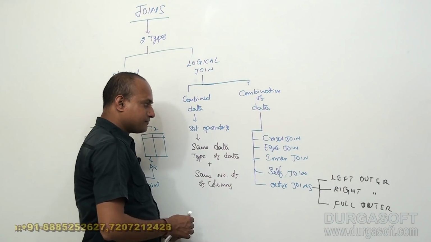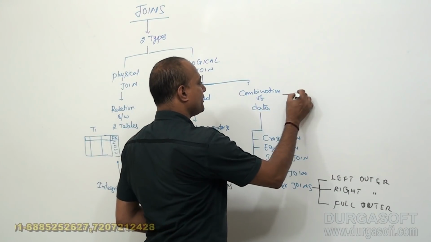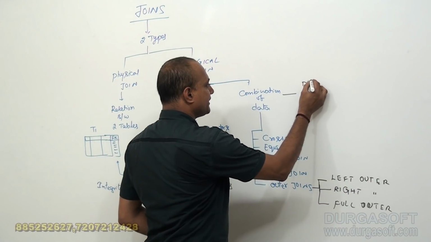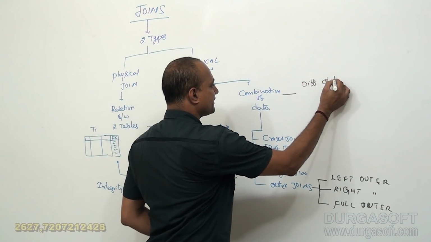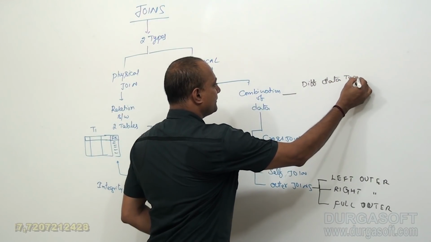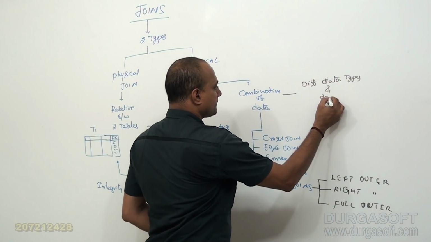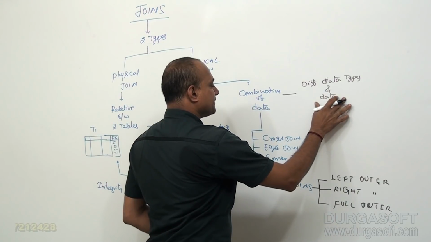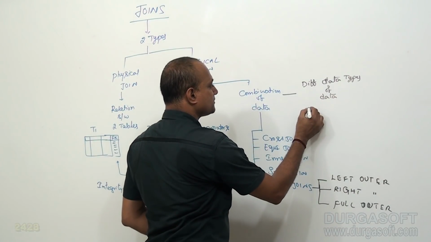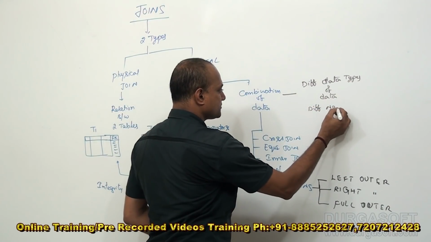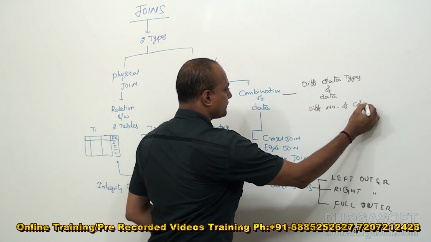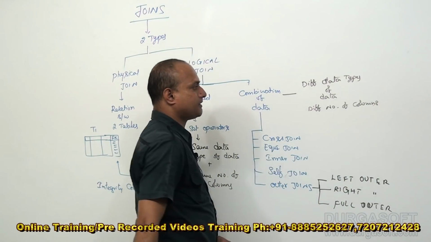With joins, you can get different data types of data from multiple tables, with different numbers of columns from each table.